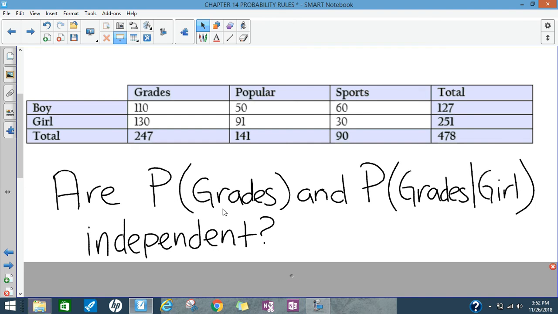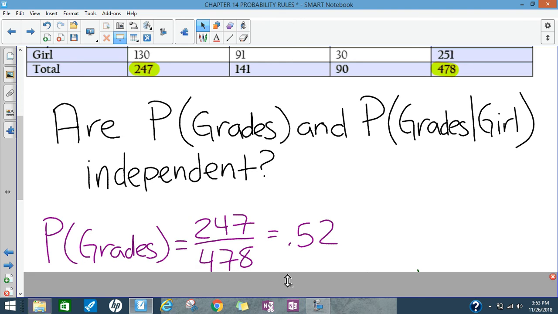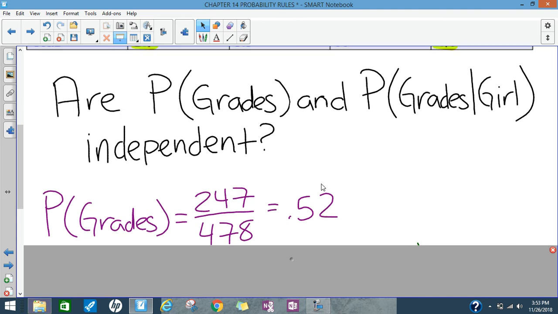So we're going to look at the probability of getting good grades and the probability of getting good grades given that you are a girl. The probability of that being the most important thing to you would be the number of people who said grades were most important divided by the total number of people, which is 52% or 0.52.